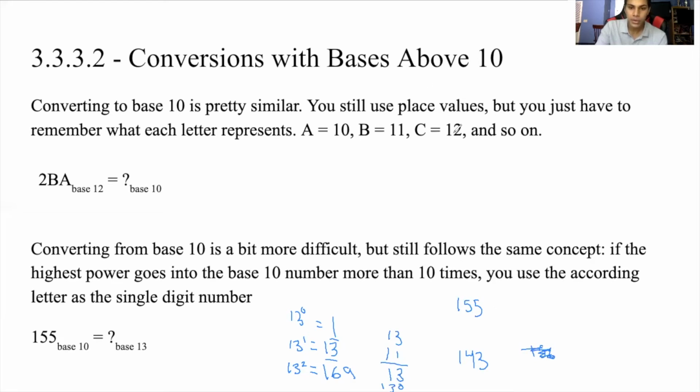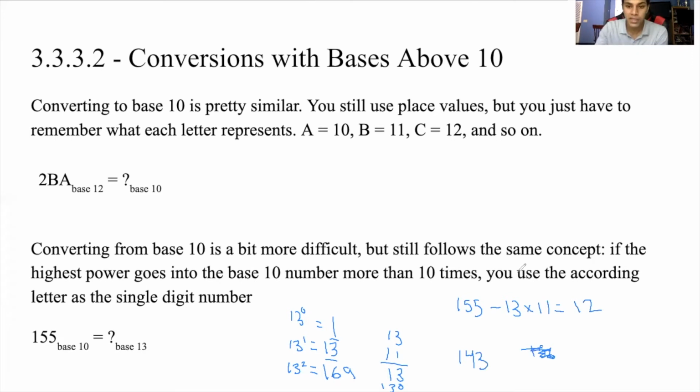So we'll do what we do normally. We subtract 13 times 11, and that equals 155 minus 143, which is 12. So we have 12 remaining. All right, so now we've encountered a problem that we normally wouldn't have if we were converting to a base below 10, right?